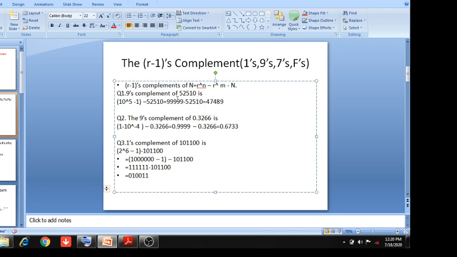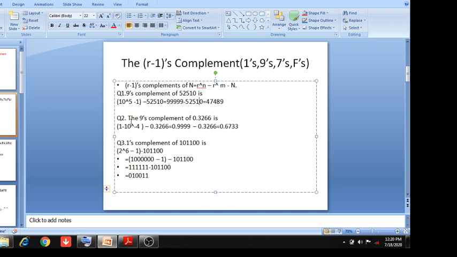The same thing is here, 99999, and from where it is coming? It is coming from this formula. You have to subtract every digit from 9. 9 minus 5 is 4, 9 minus 2 is 7, 9 minus 5, and so on. But you should know from where it is coming. Okay, to determine 9's complement, just subtract every digit from 9.